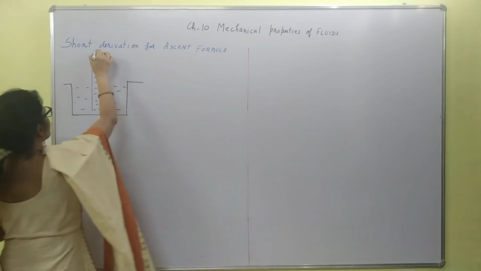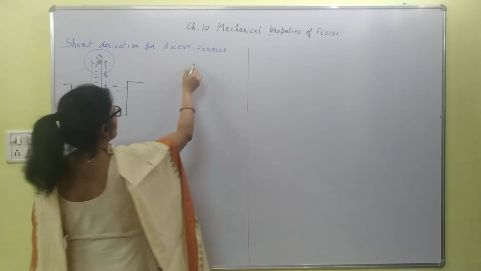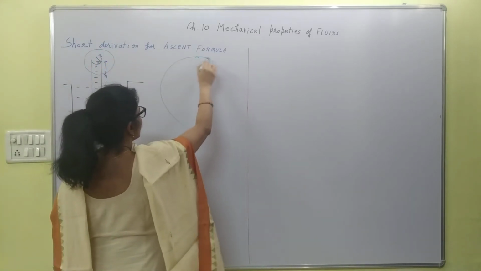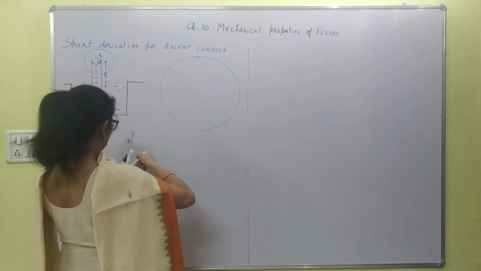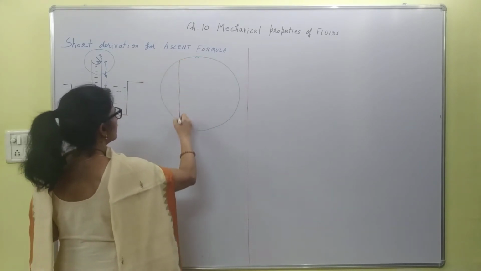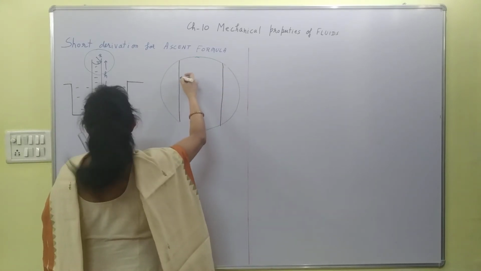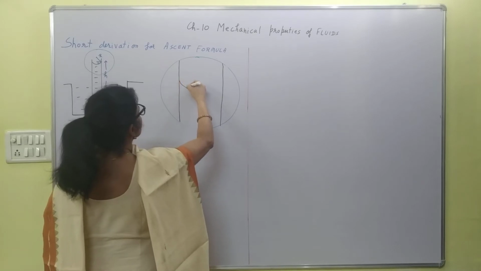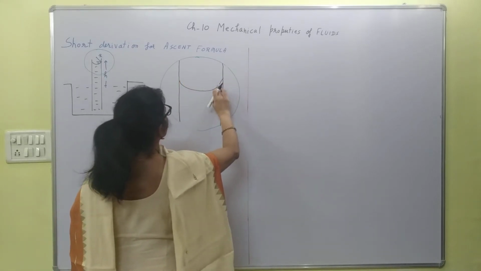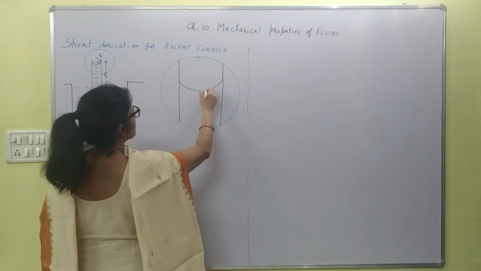So I can enlarge this part of the diagram, right? So this part of the diagram can be enlarged like this, that this is your tube, or you can say the capillary exactly. So this is the meniscus, or you can say the liquid surface.